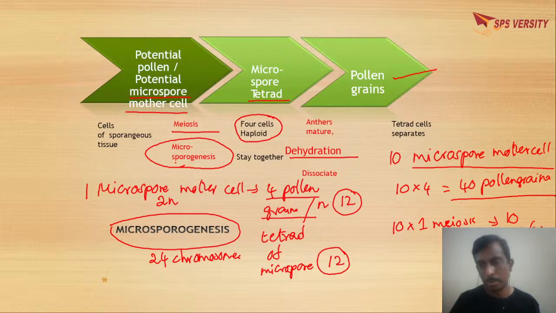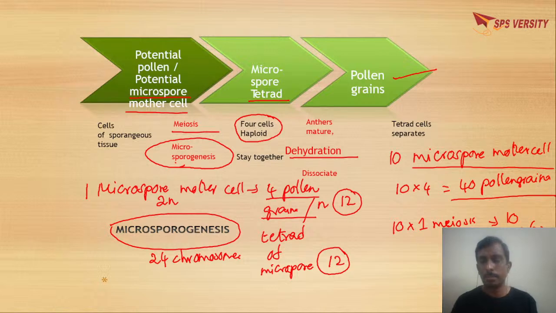So you should remember the meiotic divisions, the number of pollen grains, and the ploidy levels. From one microspore mother cell, 4 pollen grains are formed on one meiosis.